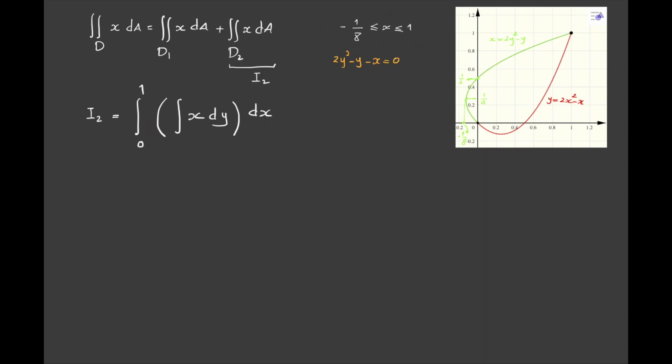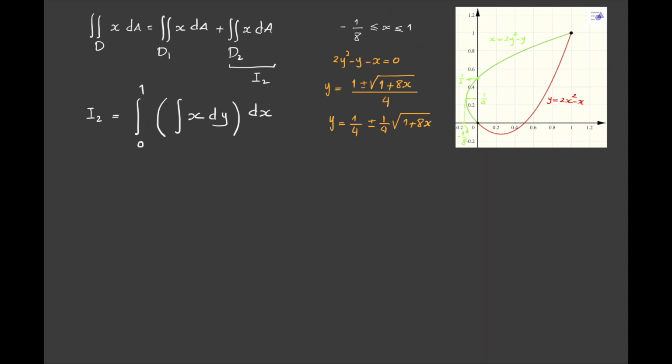And then y is equal, I use the ABC formula, 1 plus or minus square root of b squared, which is 1, minus 4 times a times c, which becomes positive 8x, and then divided by 2a, which is 4. And let me, by the way, write it in this form. I can write it as 1 over 4 plus or minus 1 over 4 square root of 1 plus 8x.